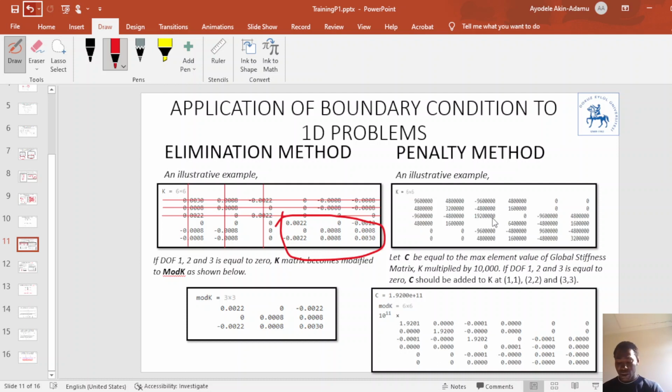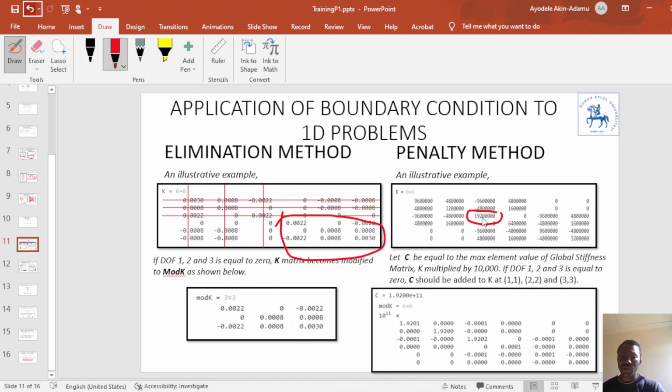Generally, the large stiffness is defined as the maximum element in the global stiffness matrix multiplied by 1000. For example, we have a global stiffness matrix here, a 6 by 6. The maximum element in this matrix is this value here, 19,200,000.